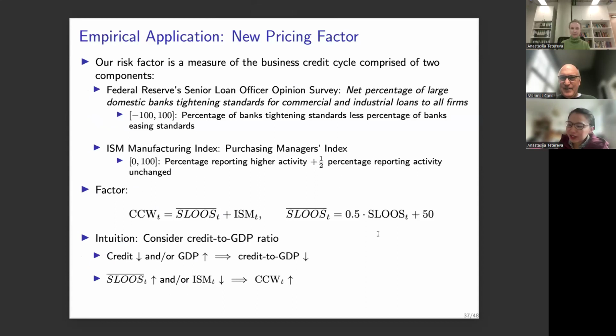Okay, so I can go a bit into the empirical applications, a very interesting empirical application, as I said. Our factor is some measure of the credit to GDP ratio.